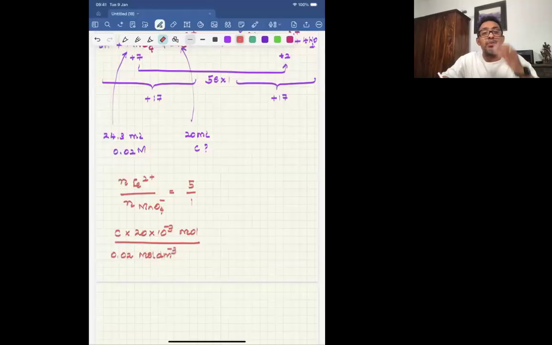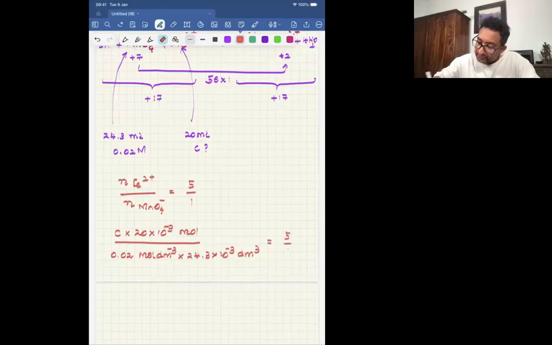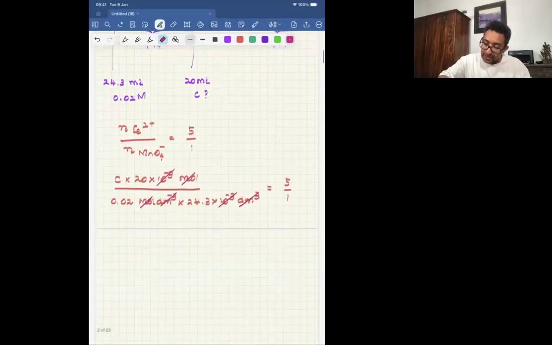Moles per cubic decimeter, 0.02. The volume is 24.3 times 10 to the power minus 3 cubic decimeters. That is equal to 5:1. So things will cancel out. Moles and moles cancel out. Per cubic decimeters cancels out. 10 to the power minus 3, 10 to the power minus 3 cancels out.